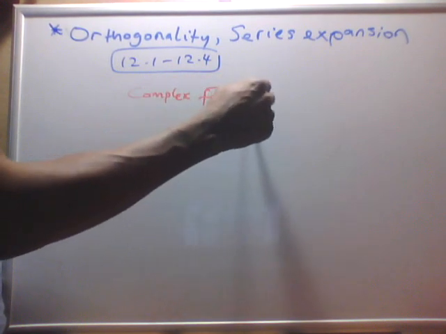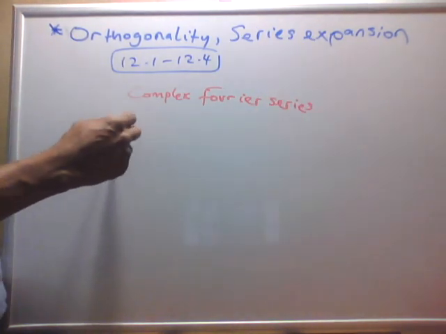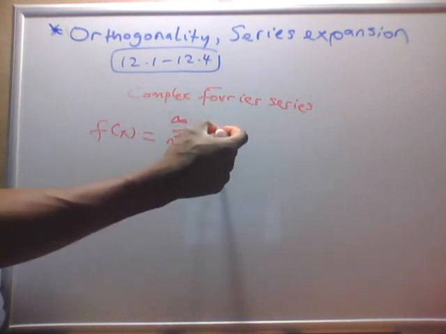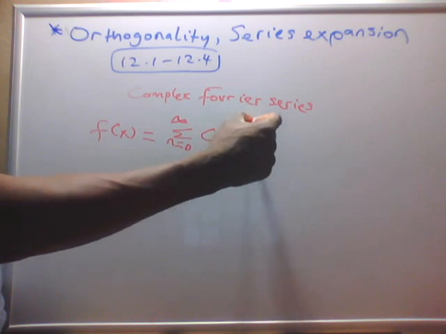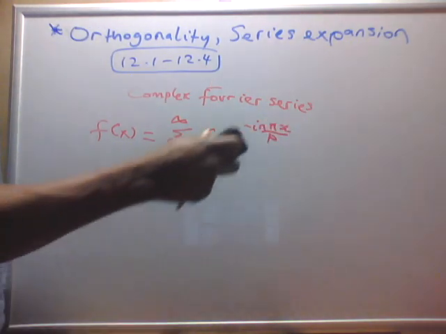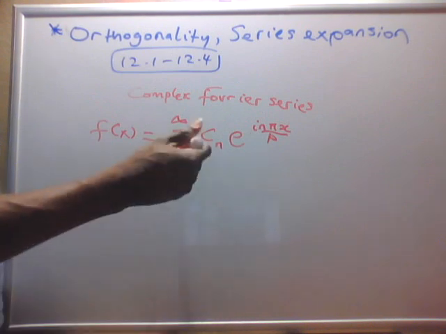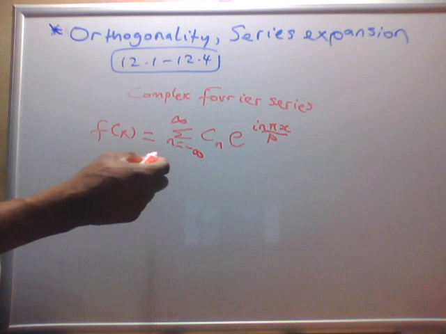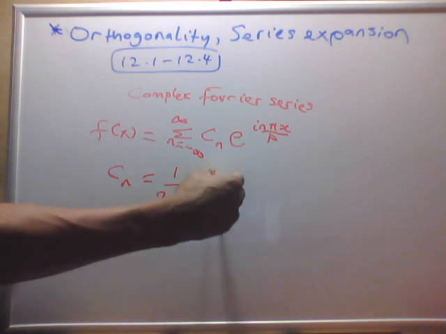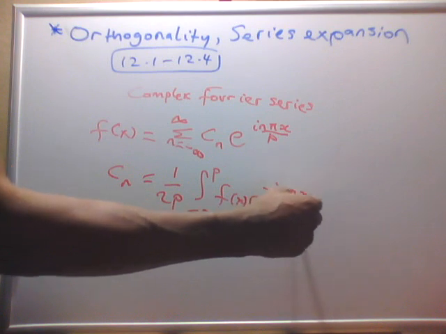There was one little thing I didn't tell you about the complex Fourier series that I want to quickly touch on. If you wanted to expand using this new set of orthogonal complex functions, I can go from minus infinity to infinity, and then we define c n as 1 over 2p, the integral from minus p to p of f of x times e to the negative i n pi x over p.